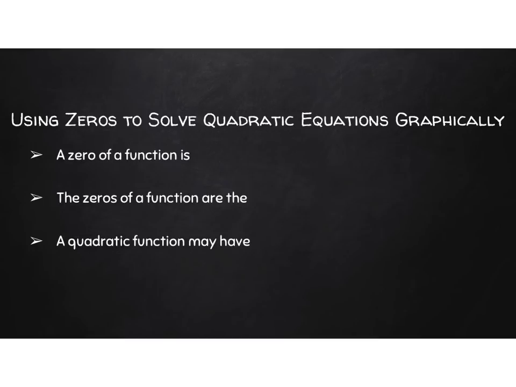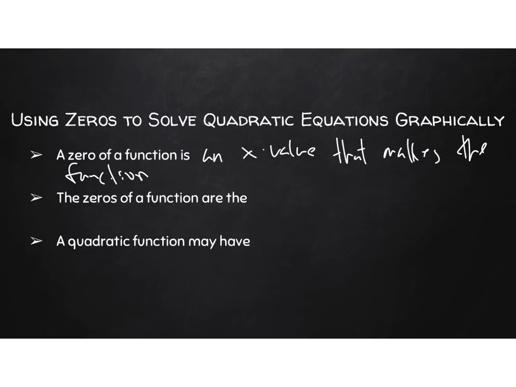A zero of a function is an x value that makes the function 0. And then the zeros of a function are the x-intercepts of the graph.